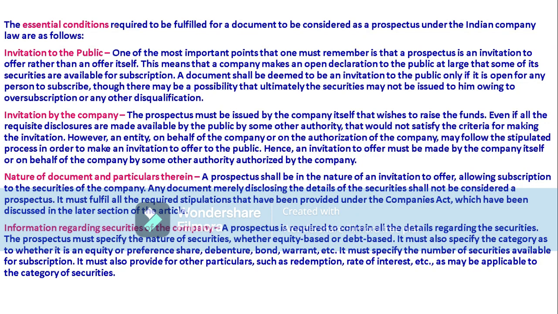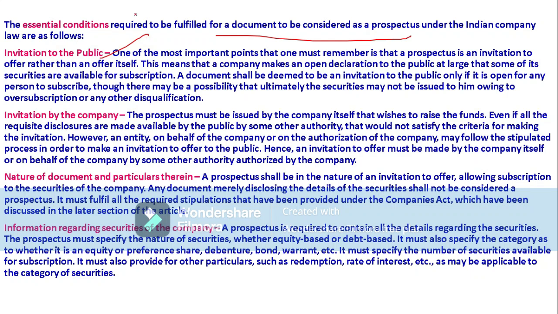So what are the essential conditions of a prospectus? What is required to be a prospectus? To fulfill the document of a prospectus, first of all we have to invite the public. Then only we can go for a prospectus.